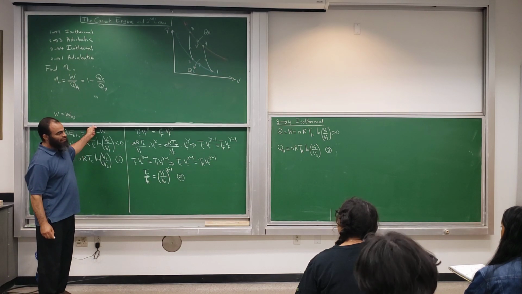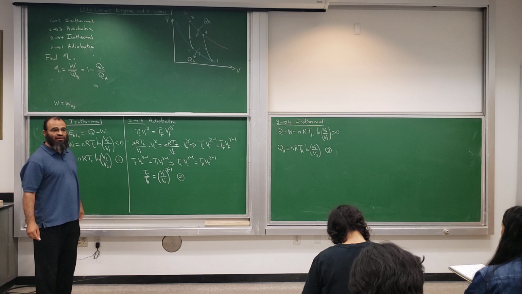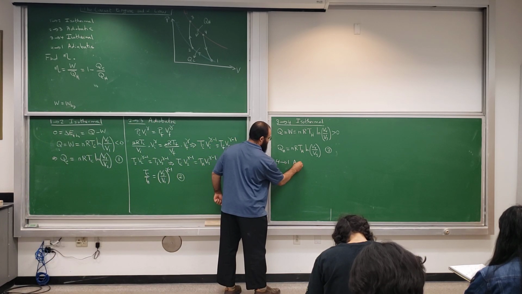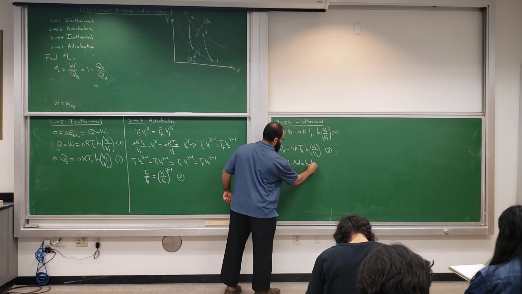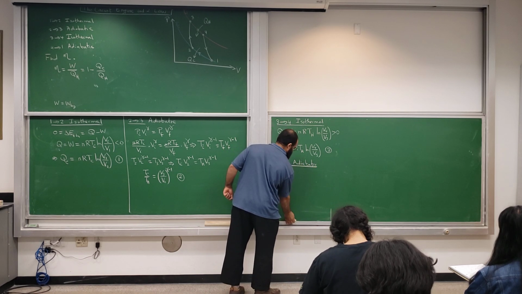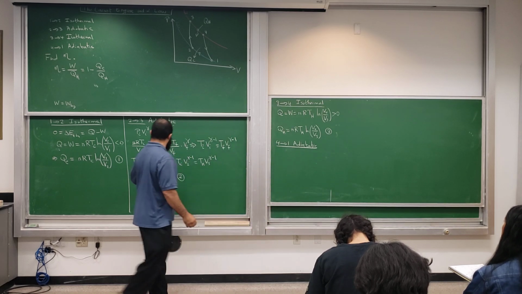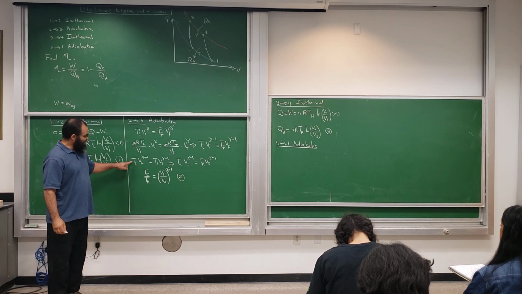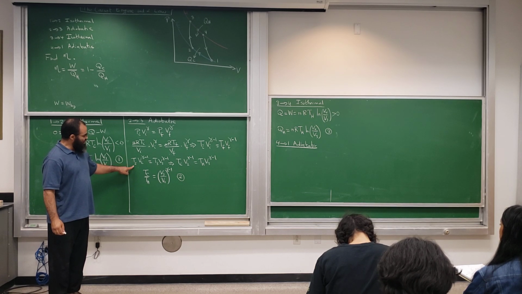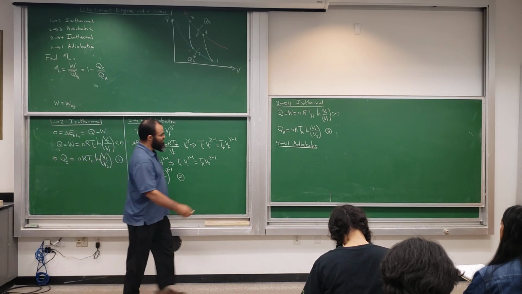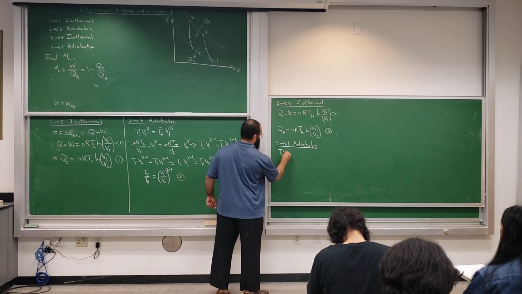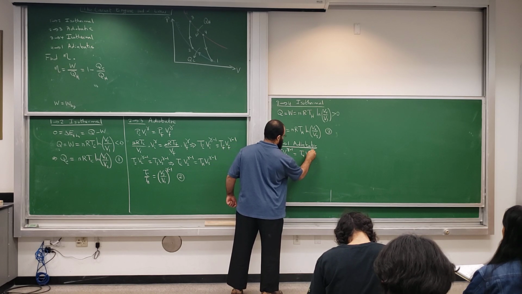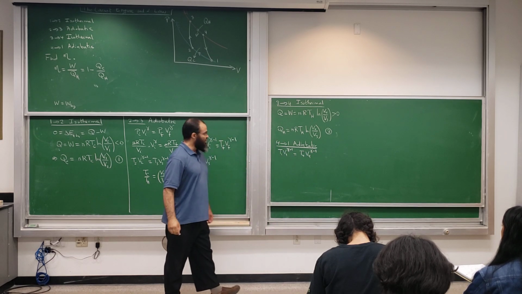One more step, which is from 4 back to 1. So from 4 to 1, it's adiabatic. We'll just use the temperature equation. So it would be T1 V1 to the gamma minus 1 is equal to T4 V4 to the gamma minus 1.